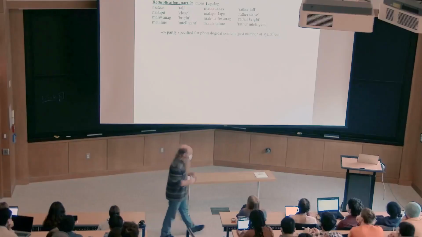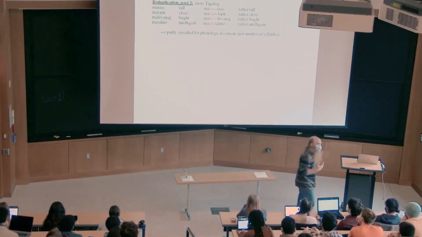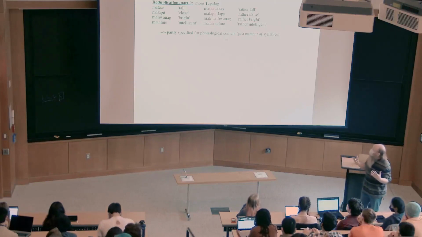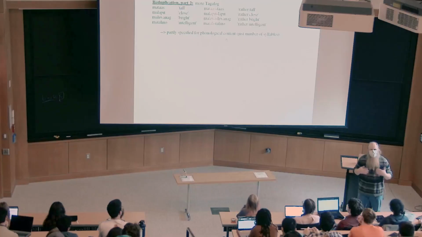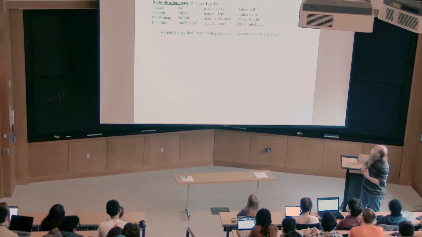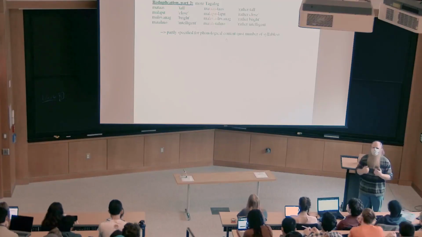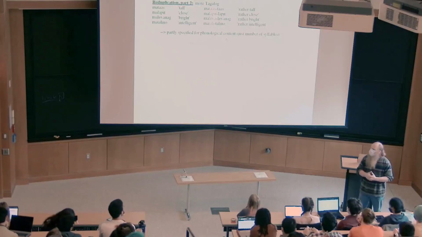So reduplicative morphemes, there are like 3 or 4 different types of reduplication in Tagalog. You've got a morpheme which is a prefix, but it's not specified for phonological content, just how many syllables. Most prefixes have consonants and vowels in them, like the English prefix un for unhappy.